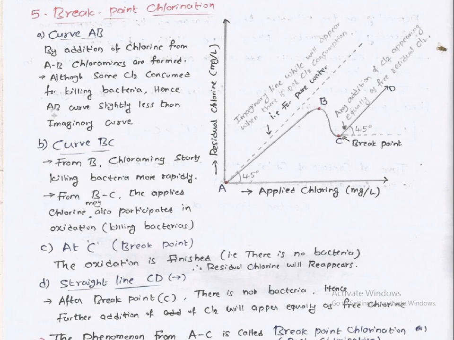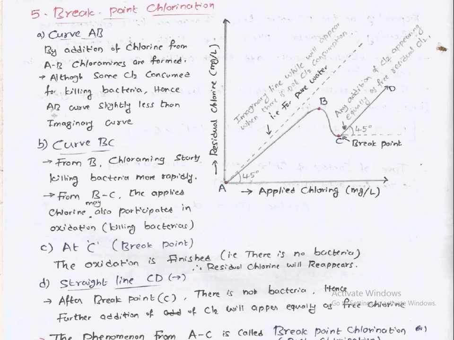Straight line CD: after the breakpoint, there is no bacteria. Hence, further addition of chlorine will appear equally as free chlorine. The phenomenon of AC is called breakpoint chlorination. The axes are residual chlorine in milligrams per liter and applied chlorine in milligrams per liter.